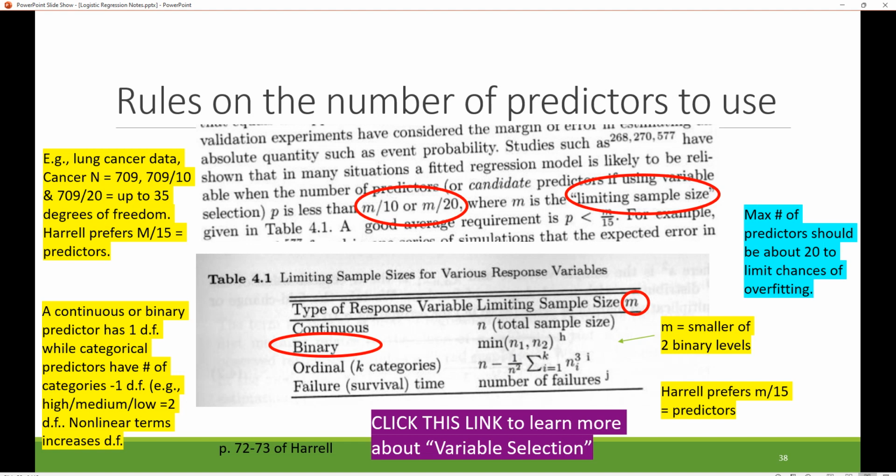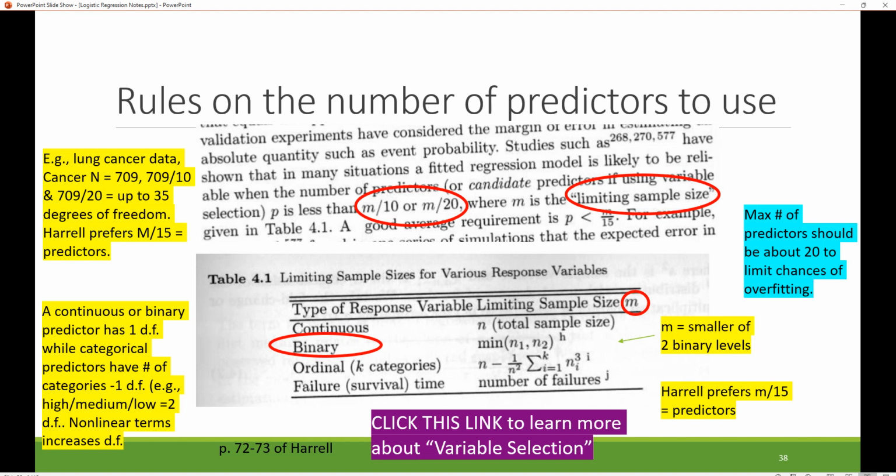In this data set, they're balanced, so the number of zeros equals the number of ones. But maybe in some data sets we might have 40% with a 0 and 60% with a 1, or maybe vice versa. In that case, if we had 100 patients in our data set, we would use whichever group made up 40%.